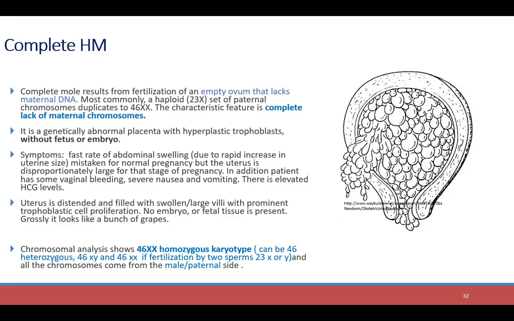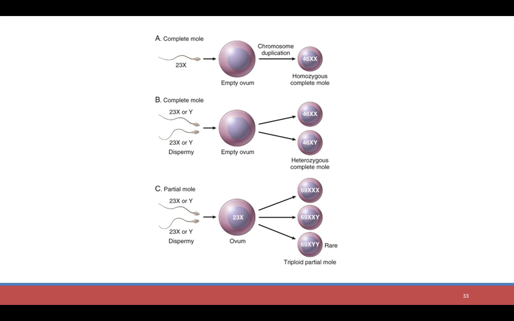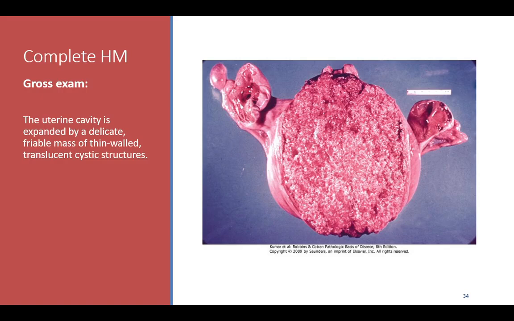So no fetus in complete mole, we can find a fetus in partial mole. So this explains the entities of complete and partial mole, the chromosome analysis most of the time: 46 in the complete mole, 69 in the partial mole.